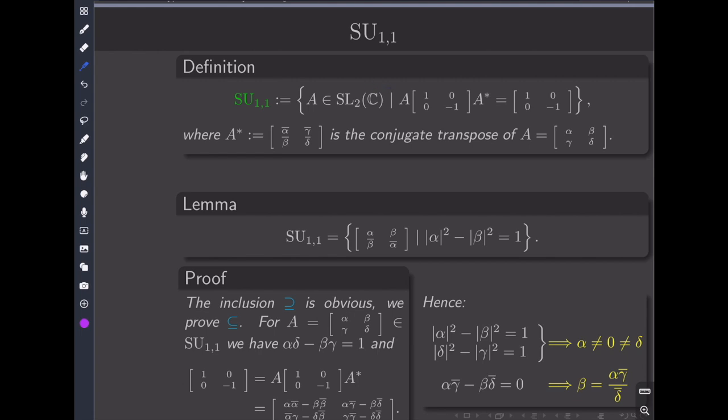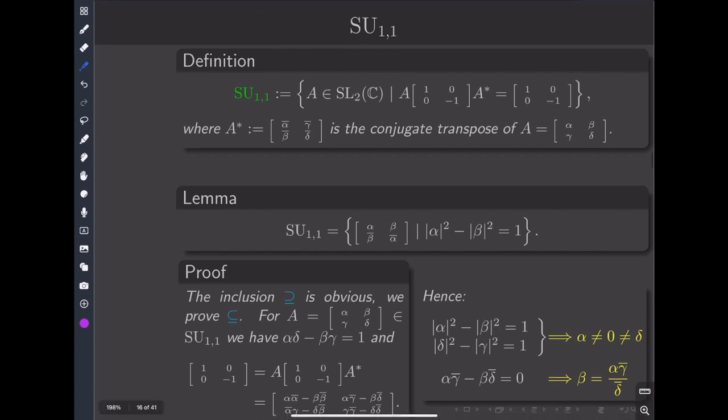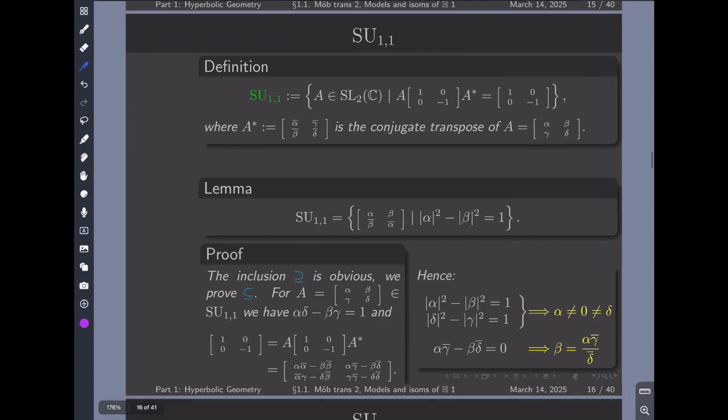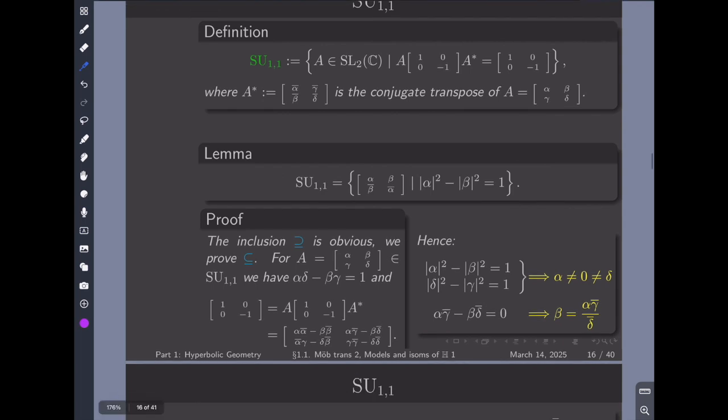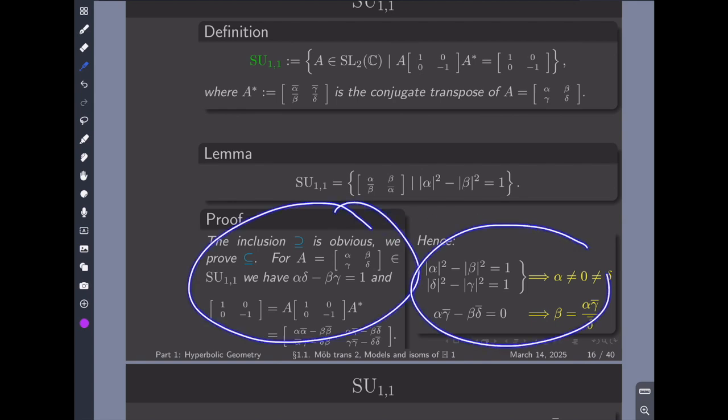The first order of business is to describe it explicitly in terms of properties of its entries. It has this nice description that I'm not going to try to read for you. And the proof, once you know what has to be proved, becomes an exercise. Again, I'm not going to read the proof. It's here for you to read. It's very basic.